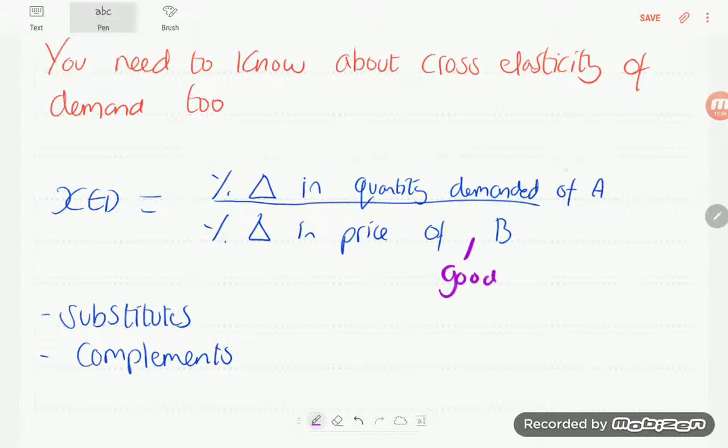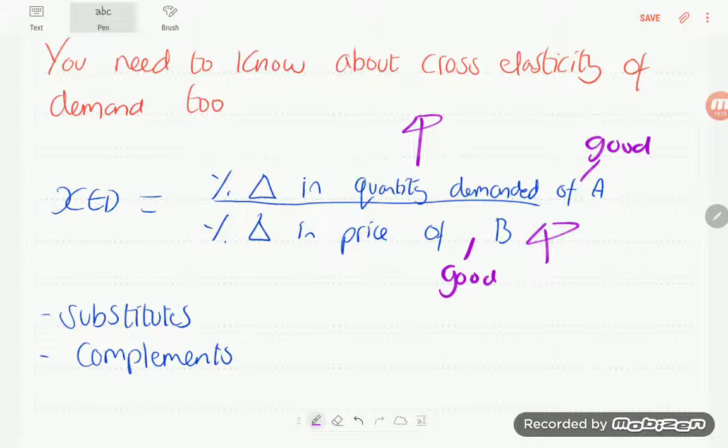Of good B of good A. So if two goods are substitutes, the XED will be positive. Let's just talk about that now. If quantity demanded goes up and the price of B goes up, that will be a substitute.